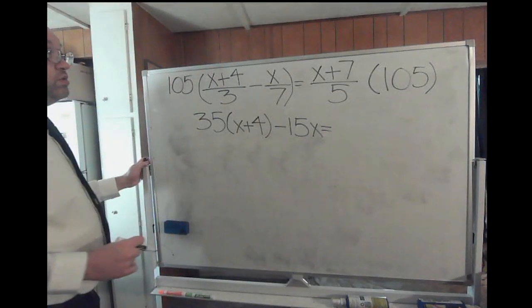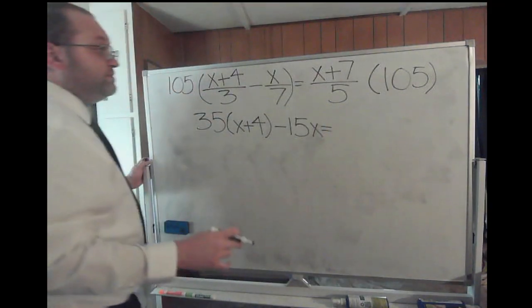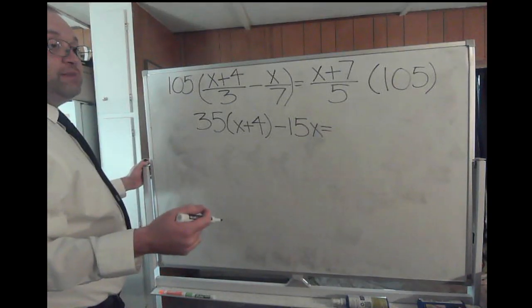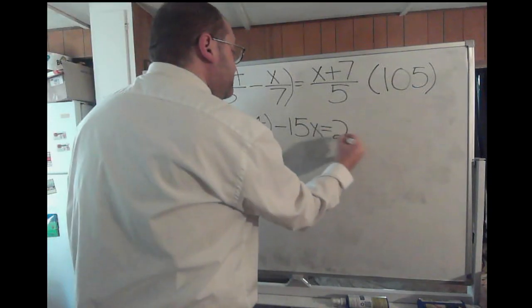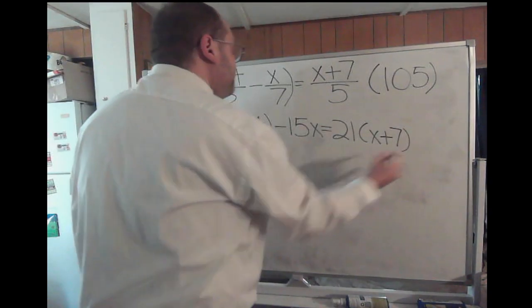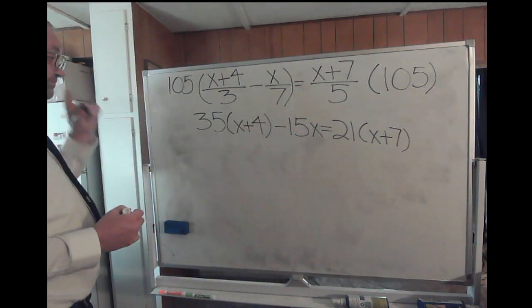That's going to equal x plus 7 over 5 times 105. Well, 105 divided by 5 is 21. So you'll have 21 times the quantity of x plus 7. Okay.